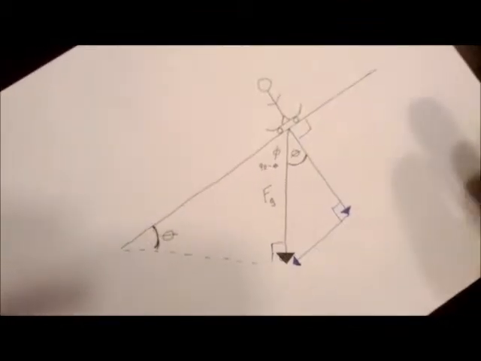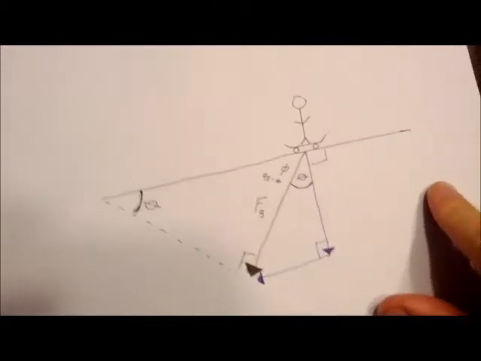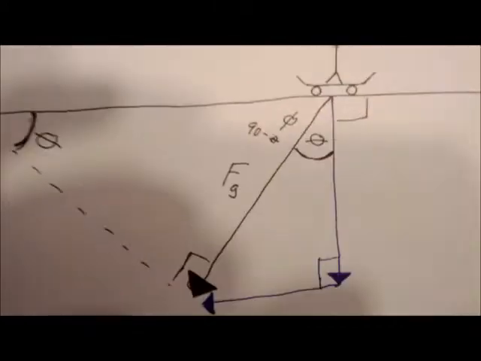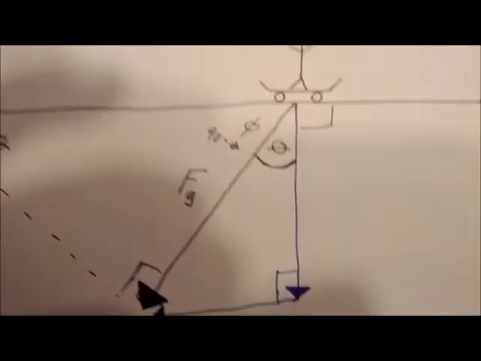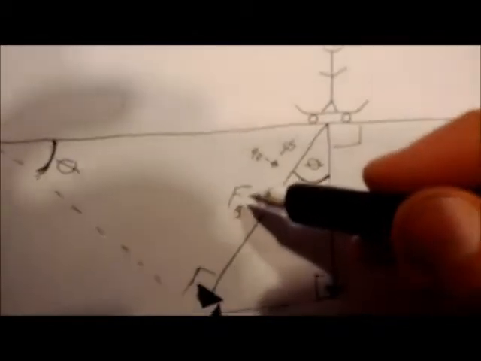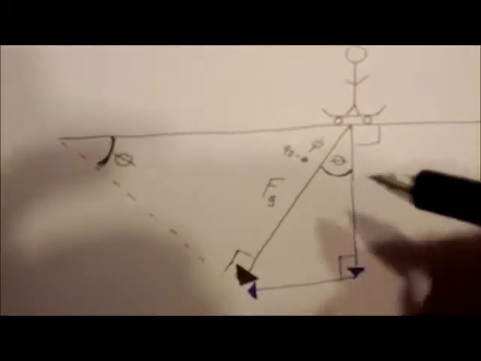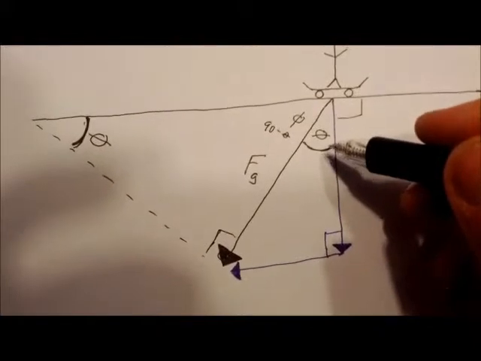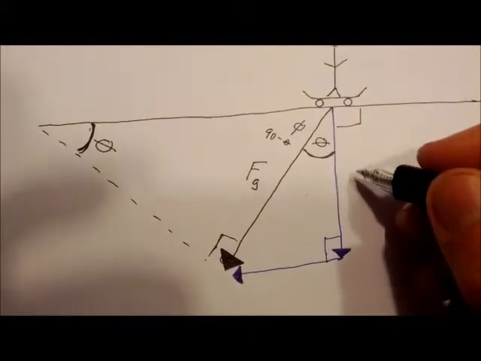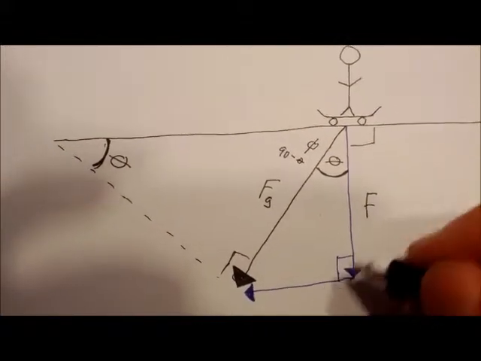Now, if we can move on from that, we can turn our problem back and just focus in on this one triangle. I know Fg. That's something that's pretty easy to find. And I know this angle. Well, I can break Fg into two pieces. This side and this side.